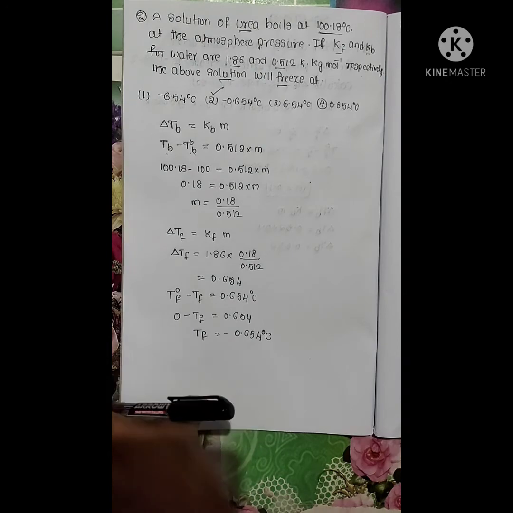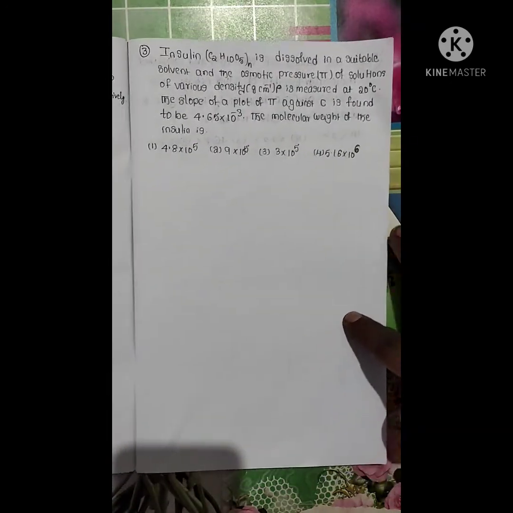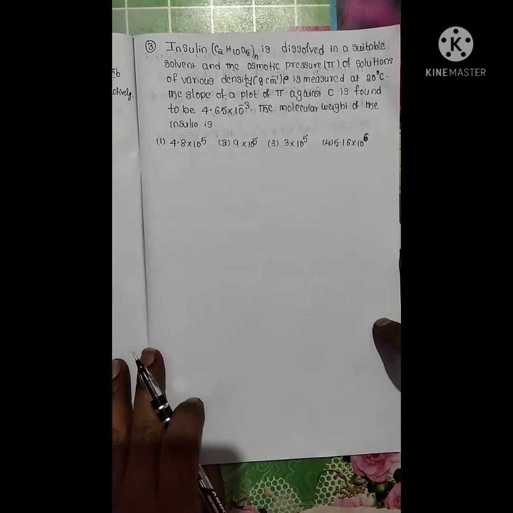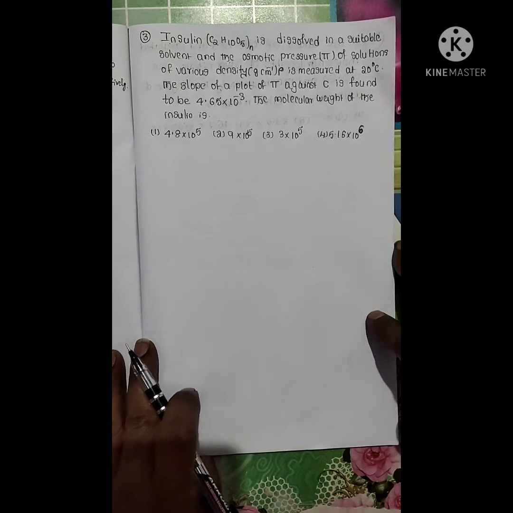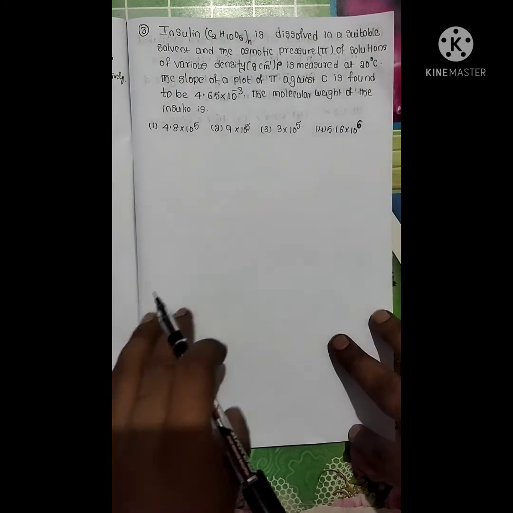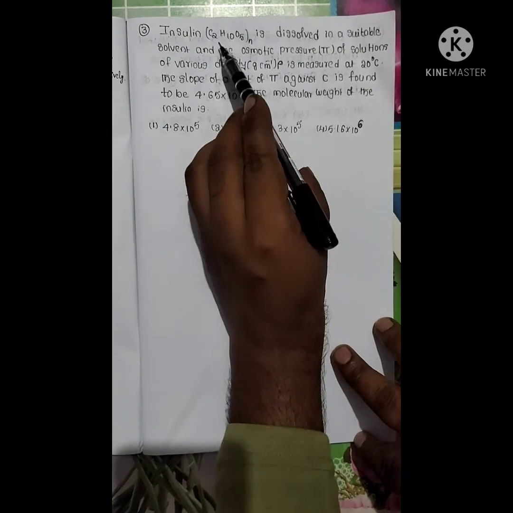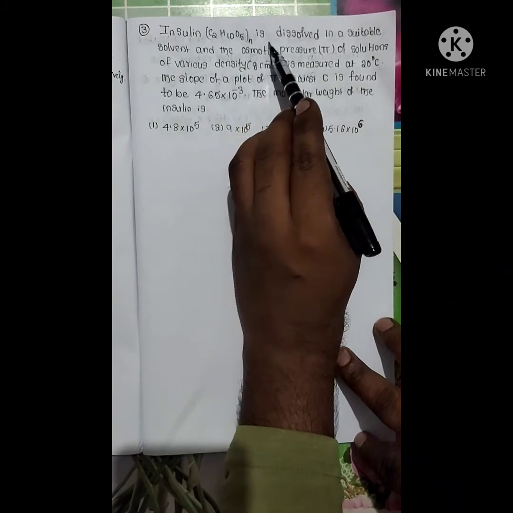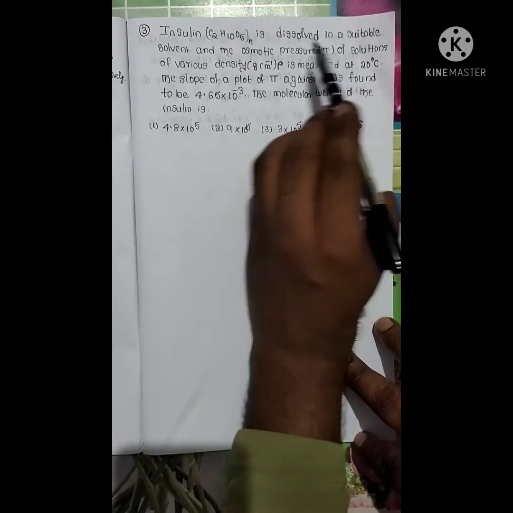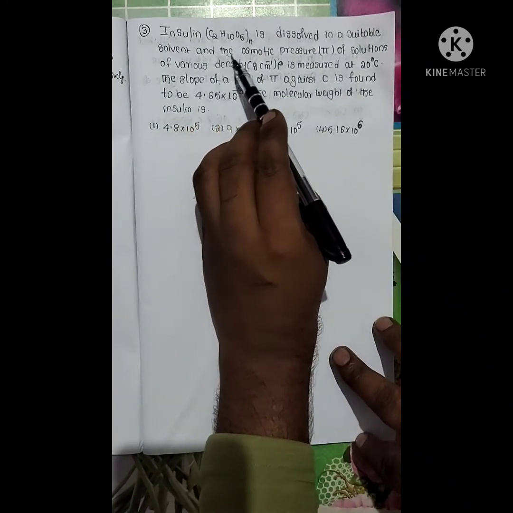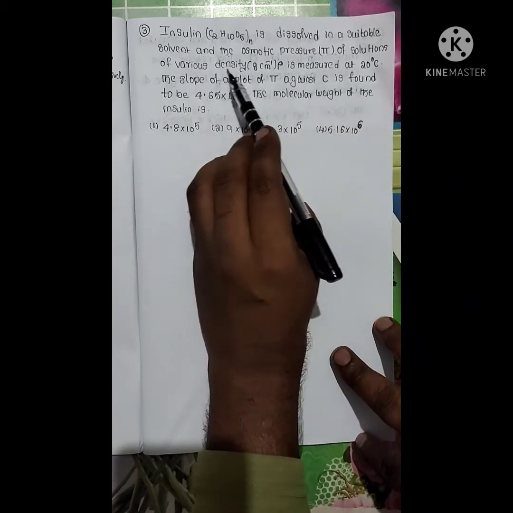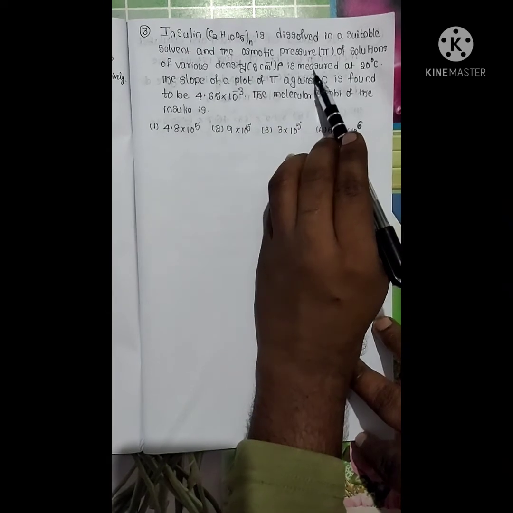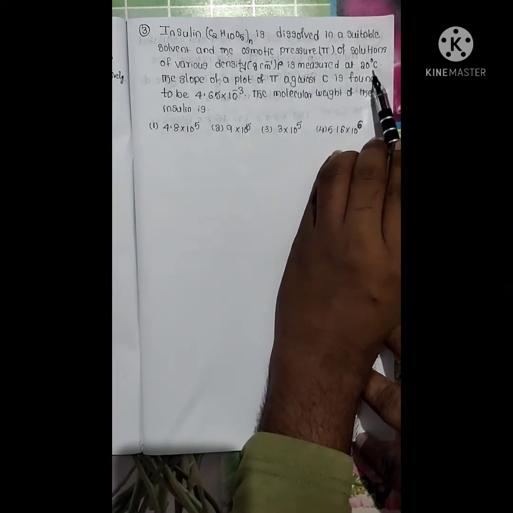Next, third problem. A very important model expected in NEET or JEE Mains. Look at now. Insulin C2H10O5 is dissolved in a suitable solvent, and the osmotic pressure pi of the solutions of various densities is measured at 20 degrees centigrade.